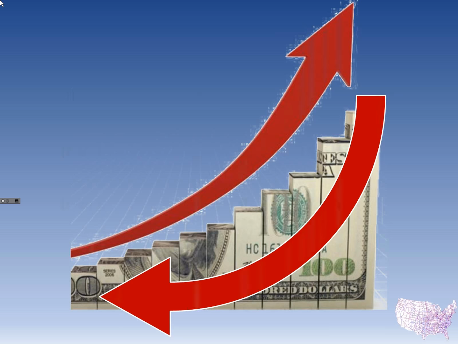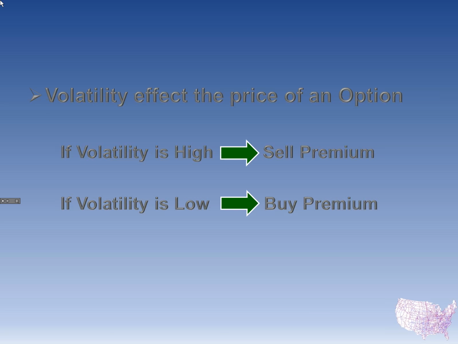Volatility affects the price of an option in relation to those percentage points. So when implied volatility, IV, is high, we need to sell premium, right? You want to sell something when it's expensive and buy it when it's cheap.